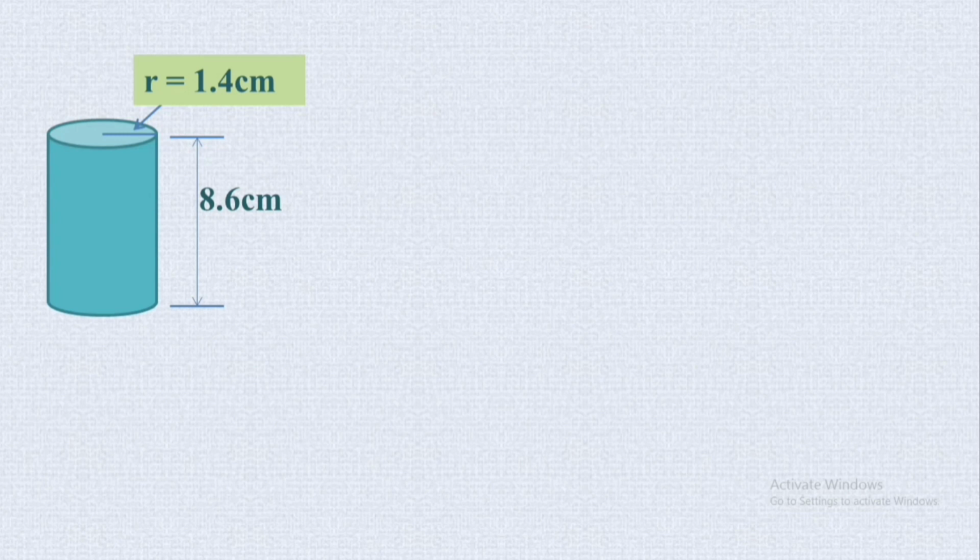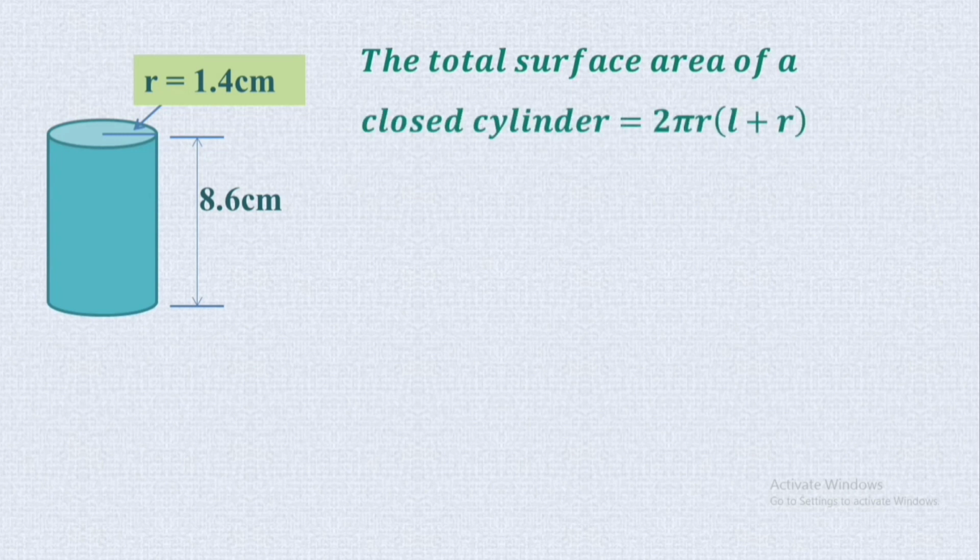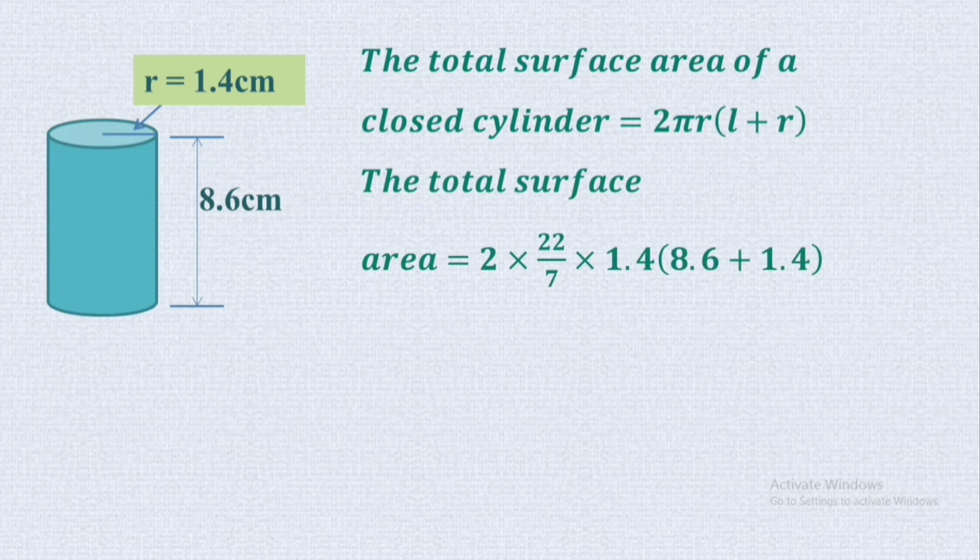Remember that the formula to find the total surface area of a closed cylinder is 2 pi r times (L plus r). Substituting the given values into this formula, you'll have 2 times 22 over 7 times 1.4 times (8.6 plus 1.4). 8.6 plus 1.4 is equal to 10. So you have 2 times 22 over 7 times 1.4 times 10.